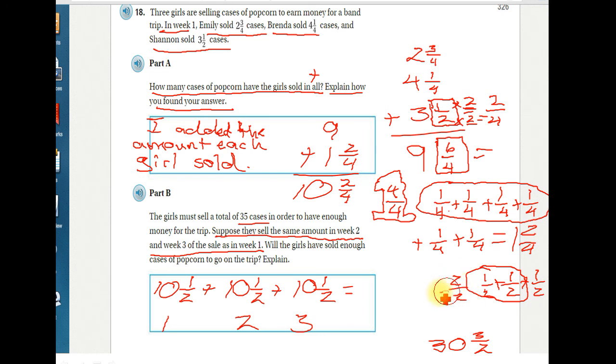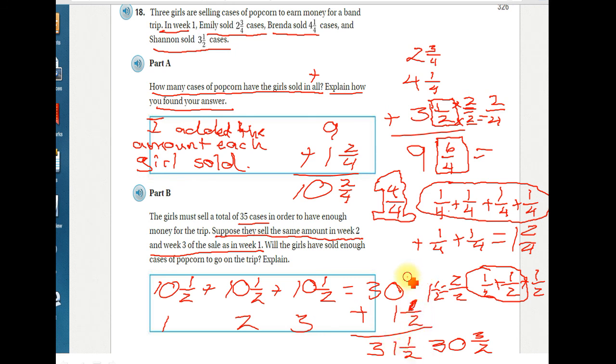That's equal to 1. Plus I have this 1/2. So that equals 1 and 1/2. So I have 30 plus all my halves equal 1 and 1/2. So that would be 31.5, right?